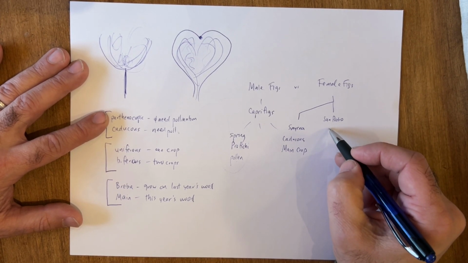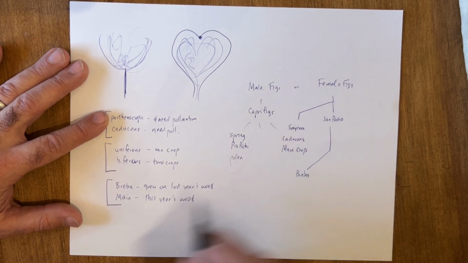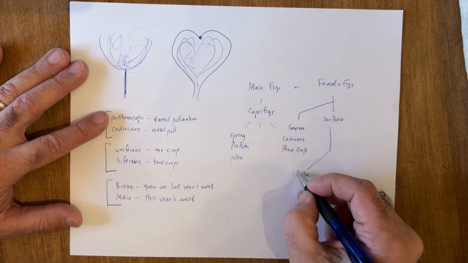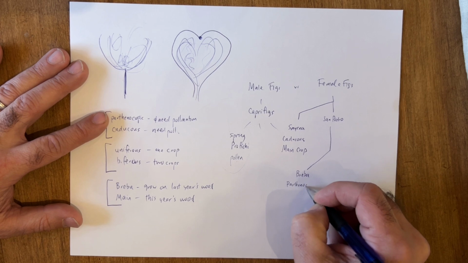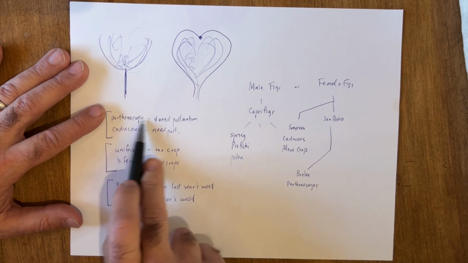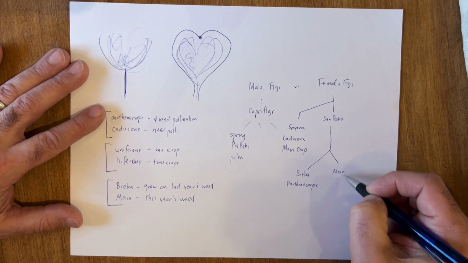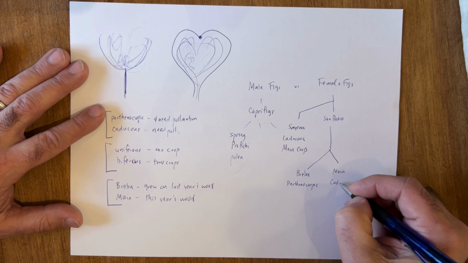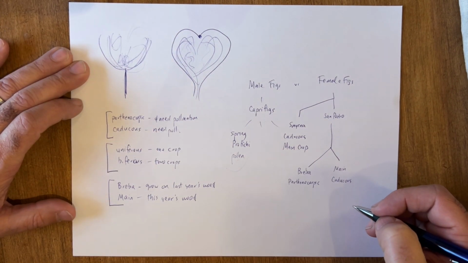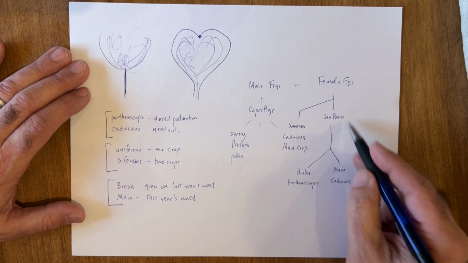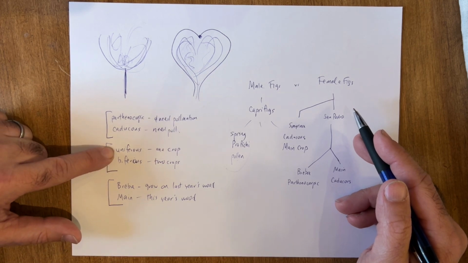The San Pedro class will give you Breba, so that is fruit on last year's wood. These Breba crops are parthenocarpic, which means they don't need to be pollinated. Then there's main crop. And the main crop in a San Pedro fig is caducous, which means it needs pollination. And so technically, San Pedro figs are biferous, whereas a Smyrna fig is uniferous.